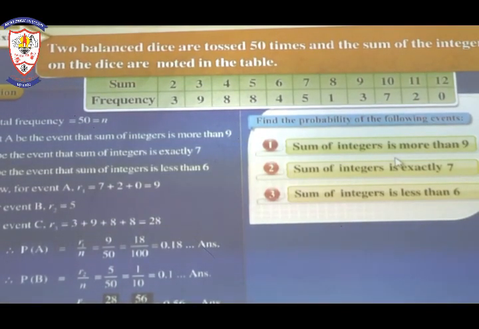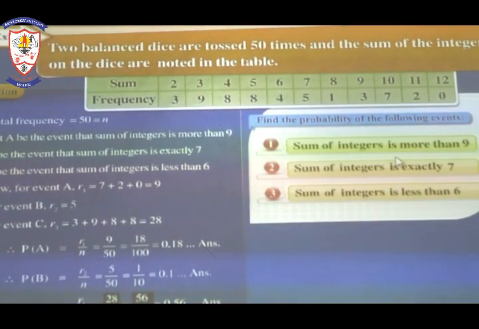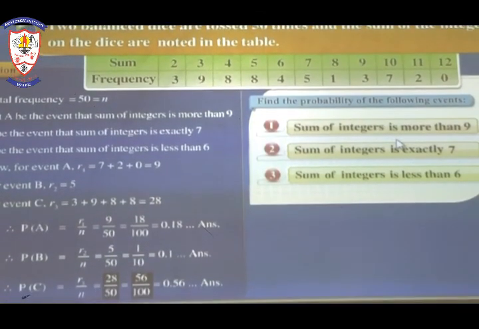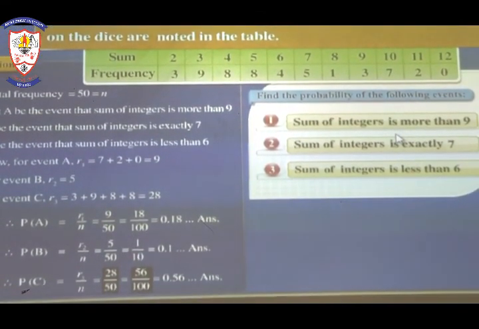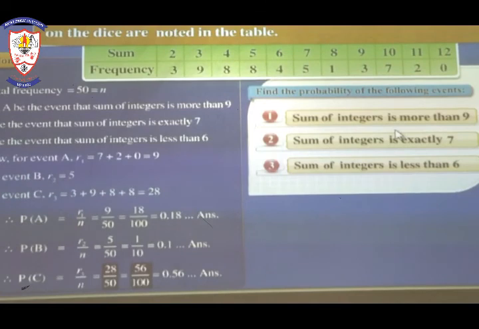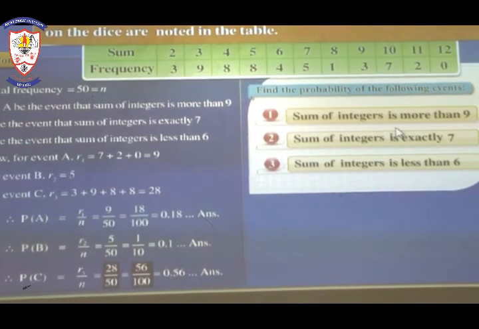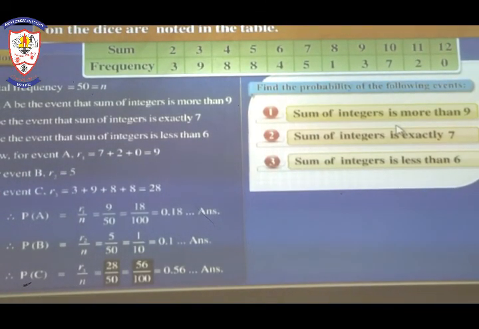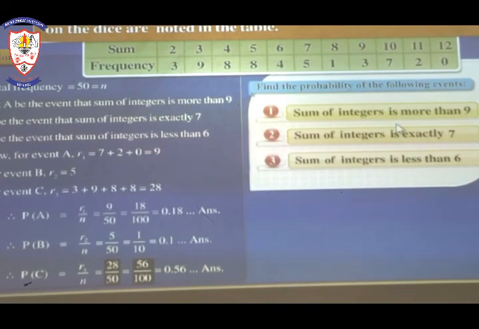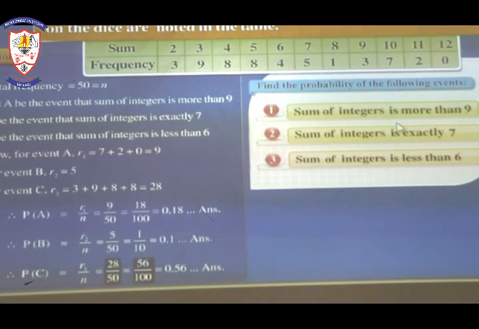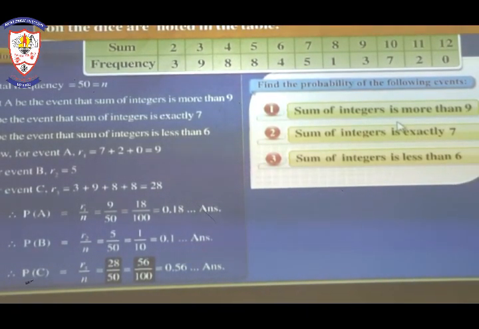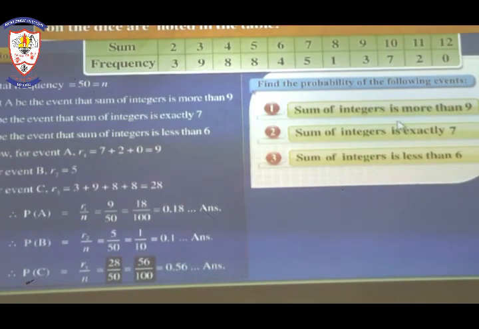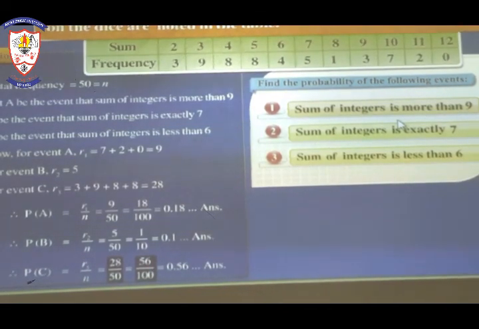Now the probability of event A is equal to 9 by 50, which is 0.18. The probability of event B is 5 by 50, which is equal to 1 by 10, which is 0.1. And the probability of event C is 28 by 50, which is equal to 0.56.